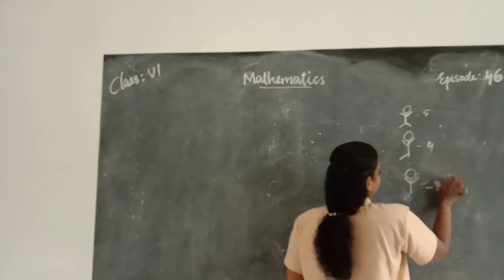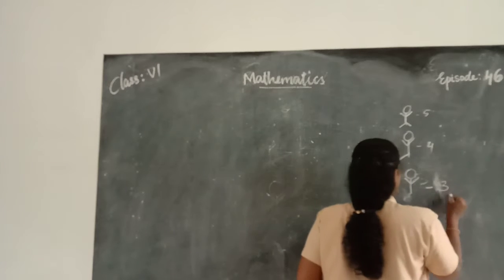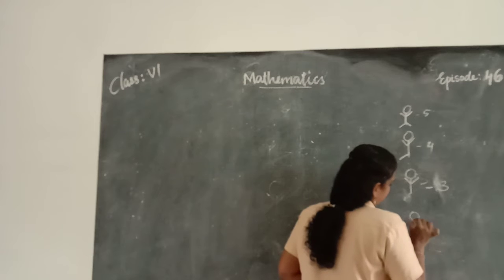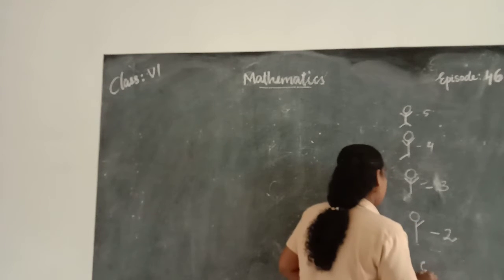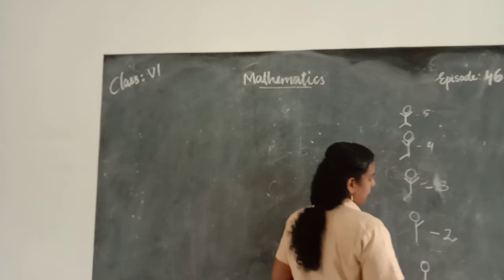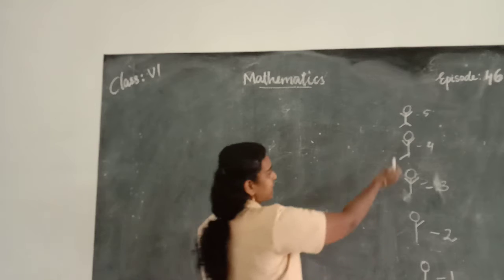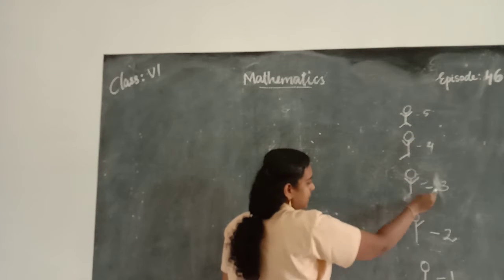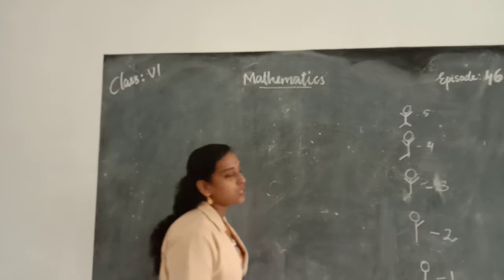For 2, we remove 2 legs and 1 hand. And to remove 2 legs and 2 hands, it stands for 1. So this figure represents 5 students, this one 4 students, this figure 3 students, this figure 2 students, and this one represents 1 student.